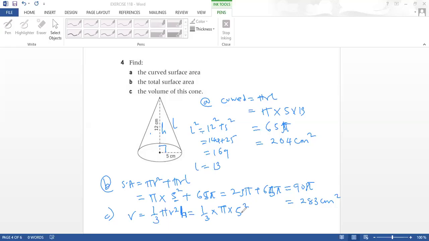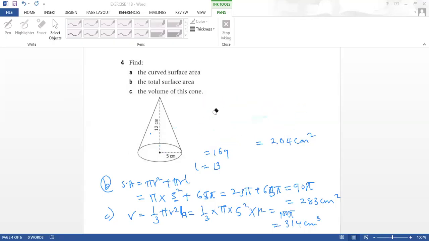A third pi times r squared times h, which is 12. 4 times 25 is 100. So 100 pi, which is the same as 314 cubic centimeters. That's how you do number 4. We can look at number 5 and the rest.